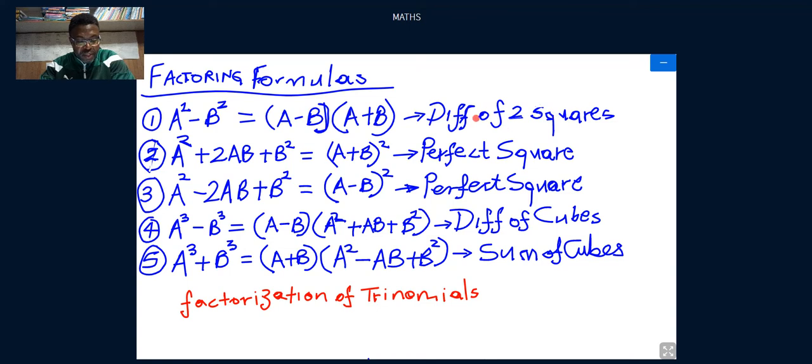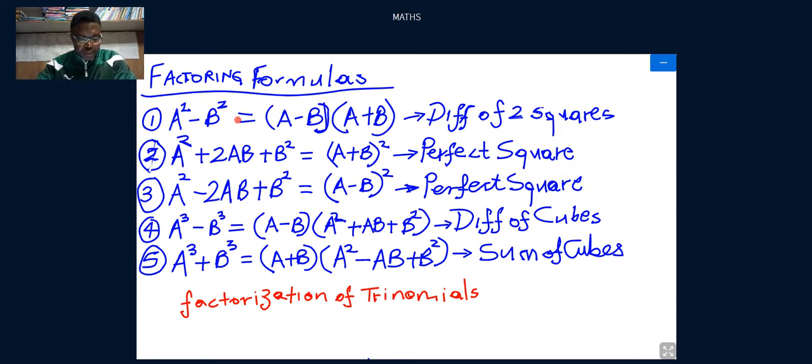This is called a difference of two squares. Now you need to understand these things and know the names of these expressions. It's important to know the names of these expressions. You look at the structure, you can see and be able to name it accordingly.